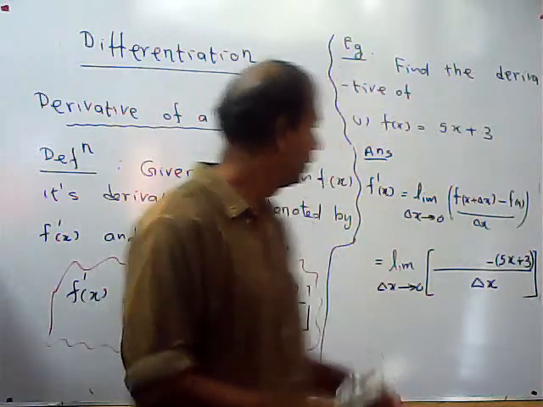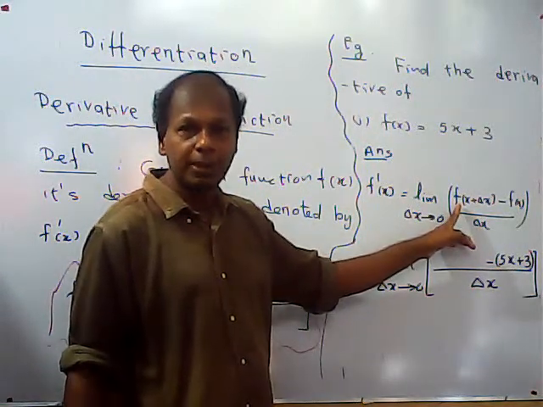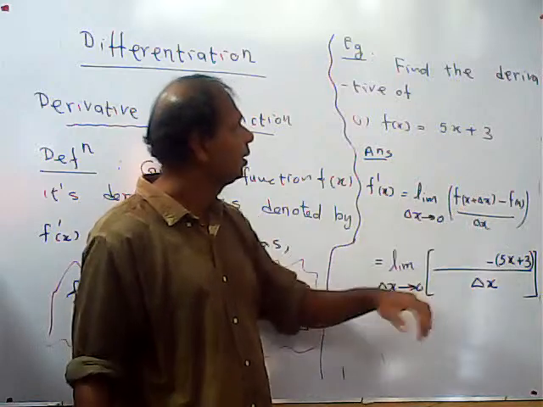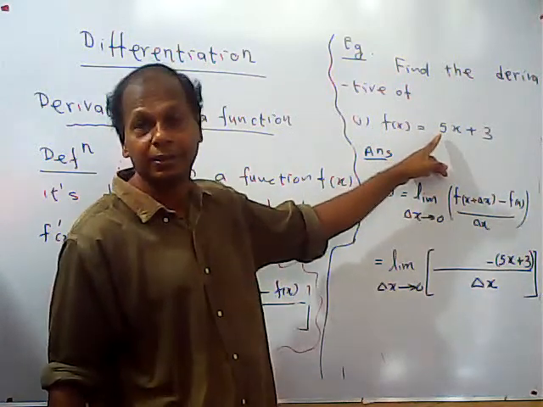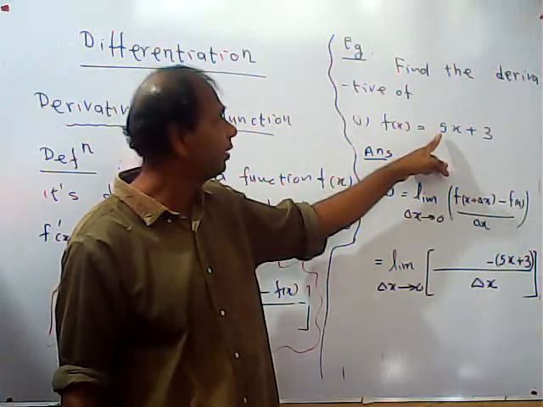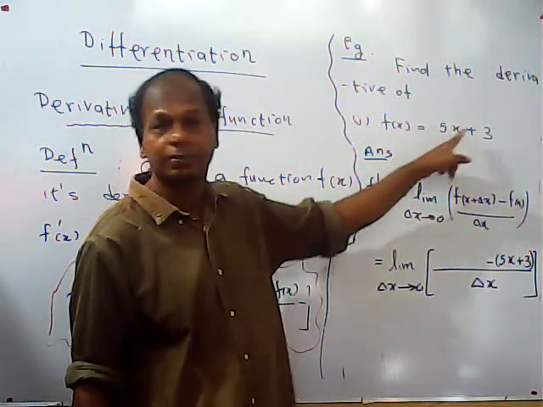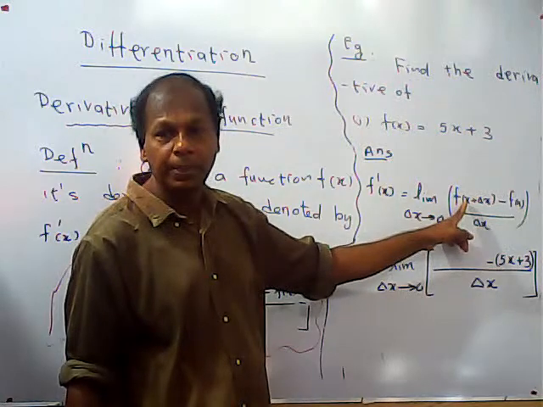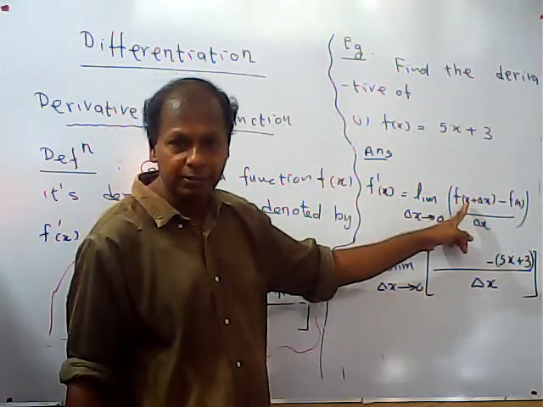Then f of x plus delta x. What is this? That's what I was explaining when we had some introduction. Here f(x) is 5x plus 3. So here we want to substitute f of x plus delta x, right?